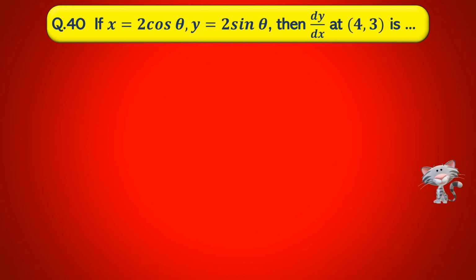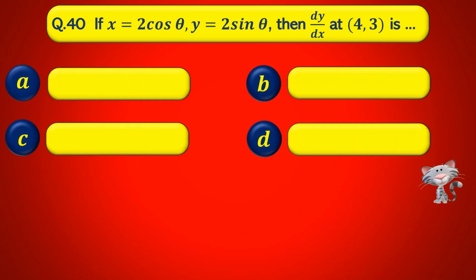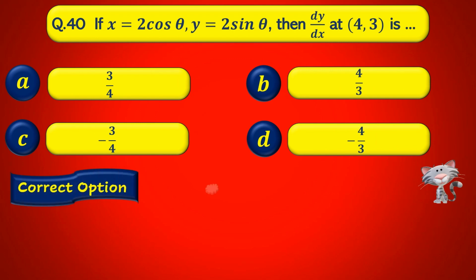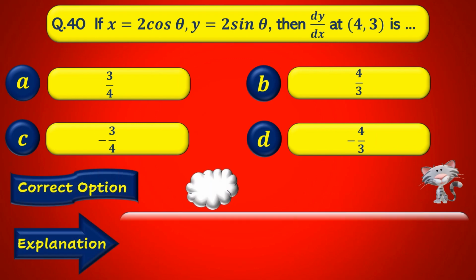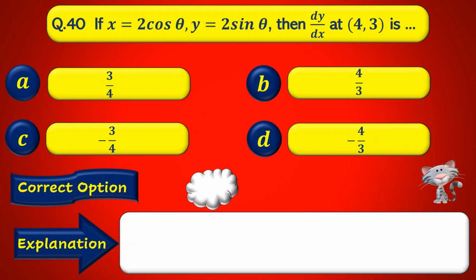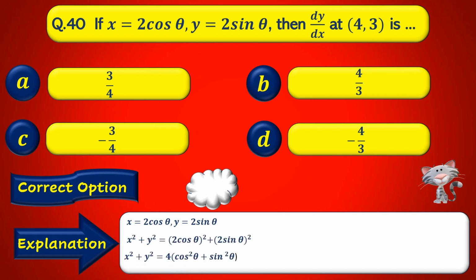Question number 40. If x is equal to 2 cos theta, y is equal to 2 sin theta, then dy by dx at (4, 3) is, and the options are, let's see which one is the correct option. Here we are given the parametric equations of a circle. x is equal to 2 cos theta, y is equal to 2 sin theta. We square and add and get x square plus y square is equal to 4.